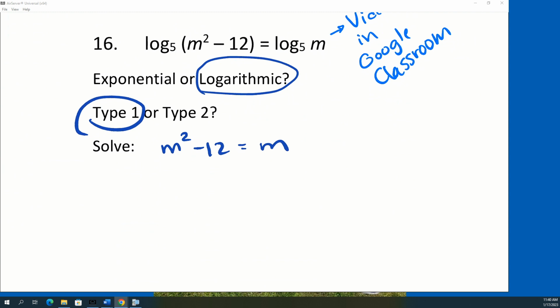All right, and then this is a quadratic equation. And so for quadratic equations, we're going to get everything on one side, and then we're going to factor.